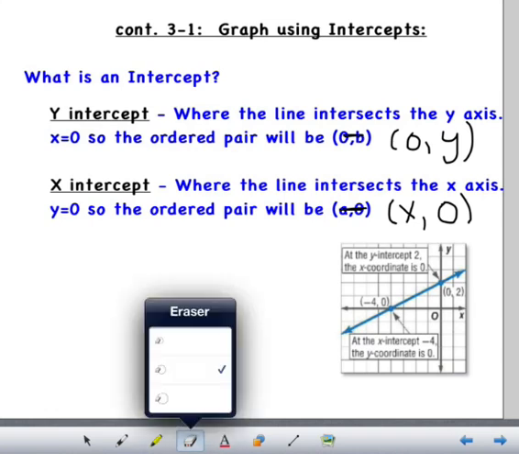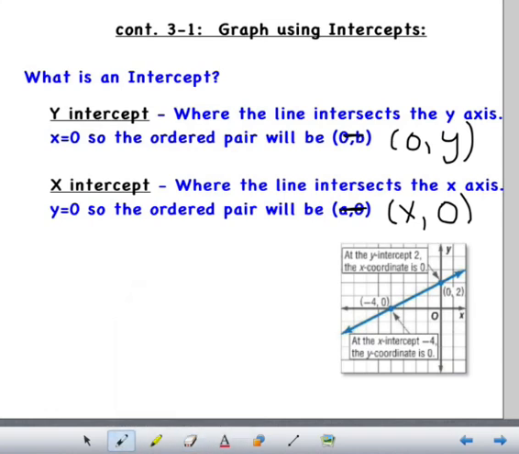The ordered pair is (-4, 0), because that point is at -4 on the x-axis and 0 on the y. And the same for my y-intercept. It crosses at +2. So my point is (0, 2), because it's 0 on the x-axis and 2 on the y-axis.